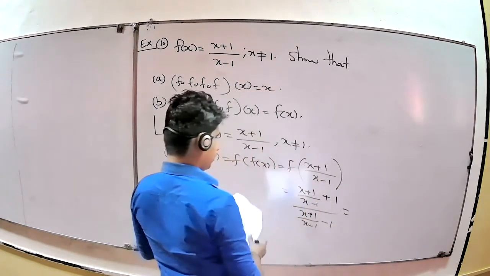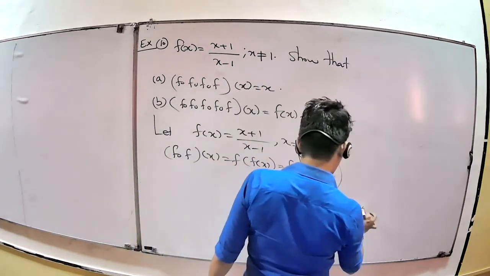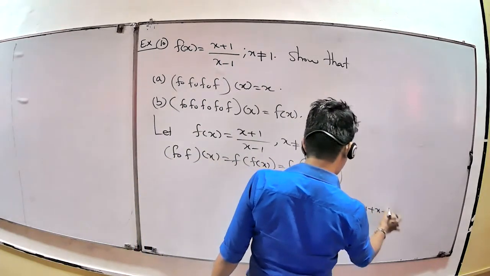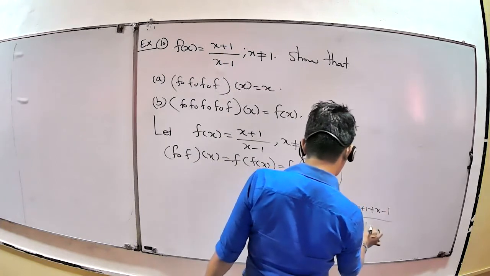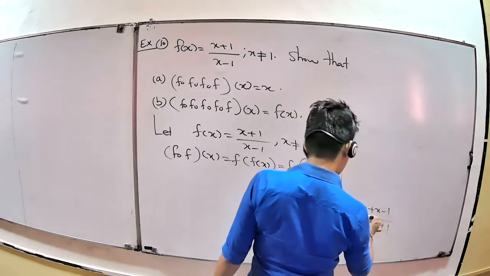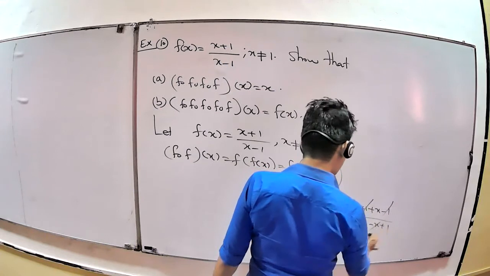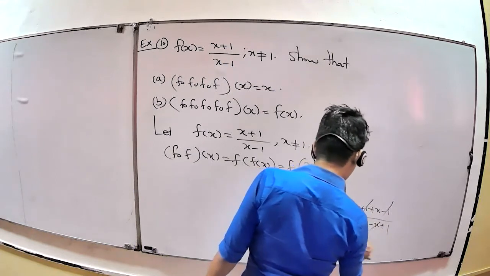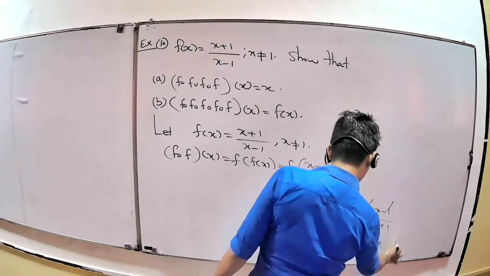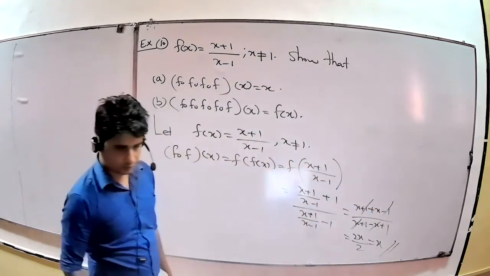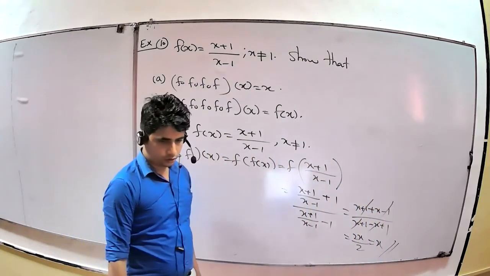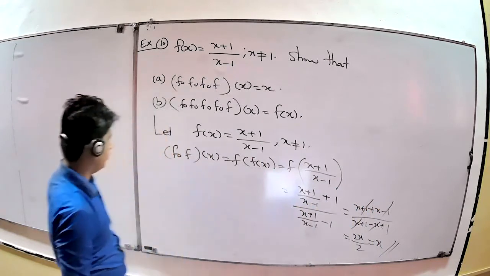Now you simplify this one: x plus 1 plus x minus 1, over x plus 1 minus x plus 1. Then the 1s cancel, and 2x over 2 becomes x. A part.